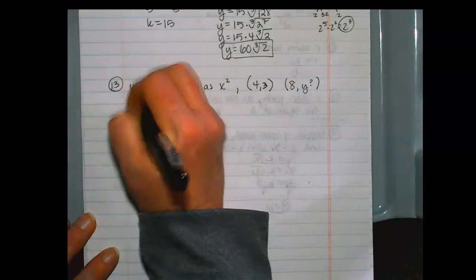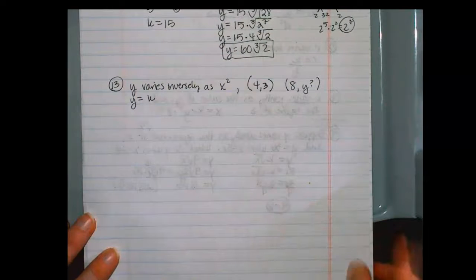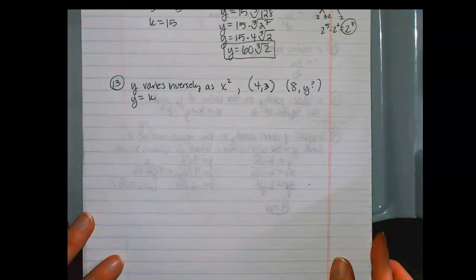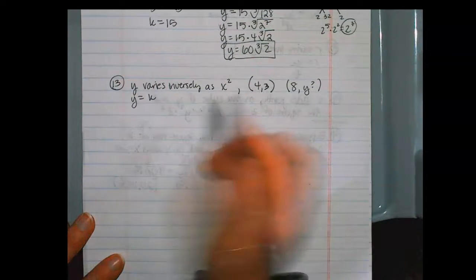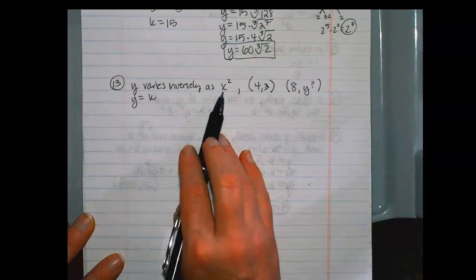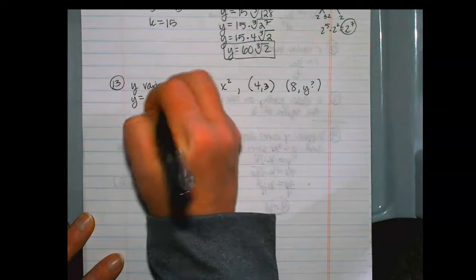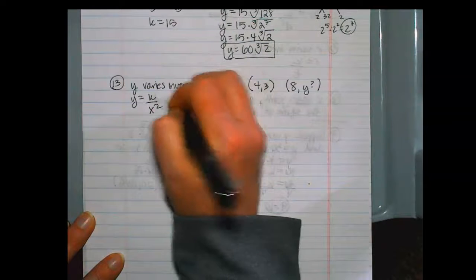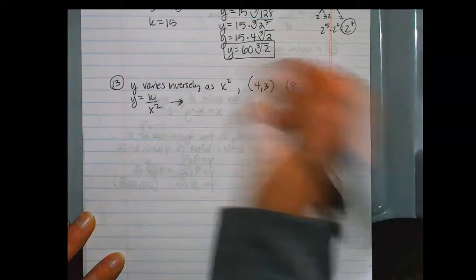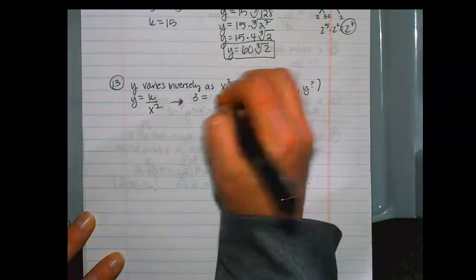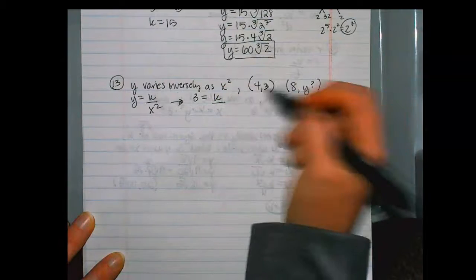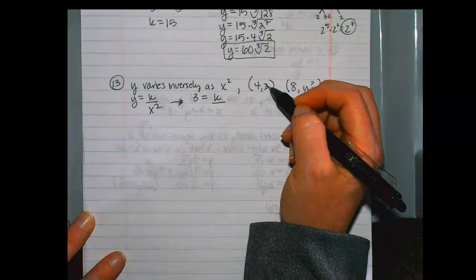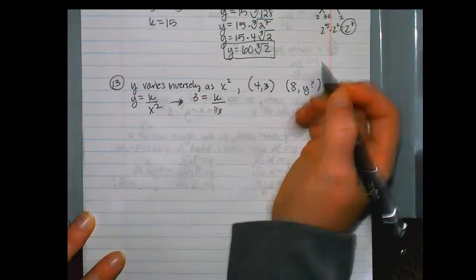So y is not equal to something, it's equal to some sort of variation of it. So I have a constant of variation. Inversely means that x squared goes in the bottom. Now I have this given information, I'm going to plug it in. So I'm going to say y is 3 equals k. K is not part of this, I don't know what k is. X squared is 16.